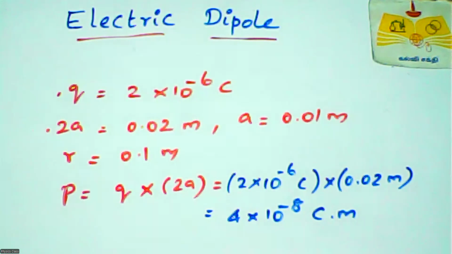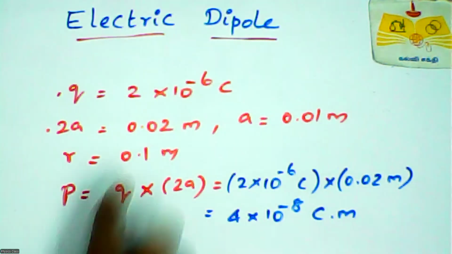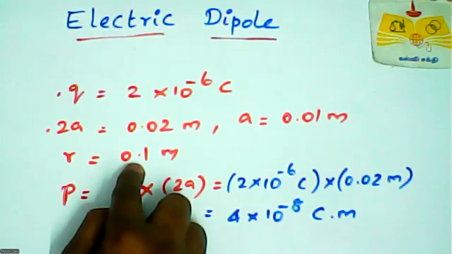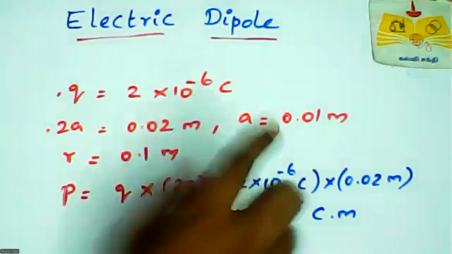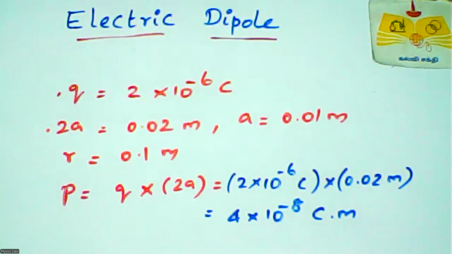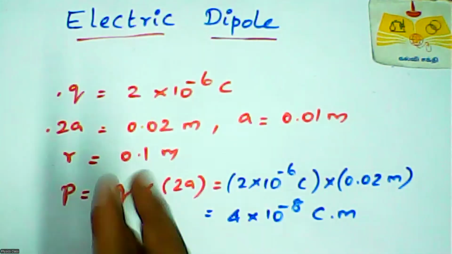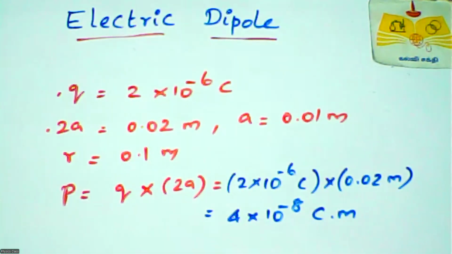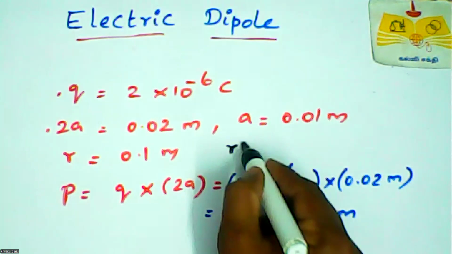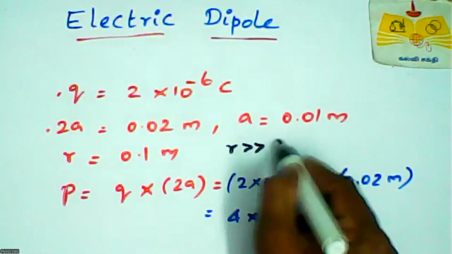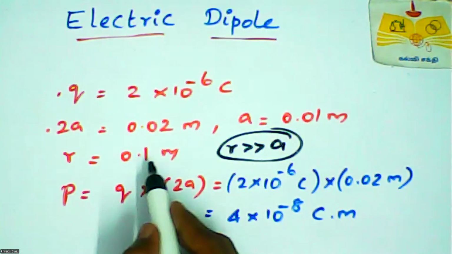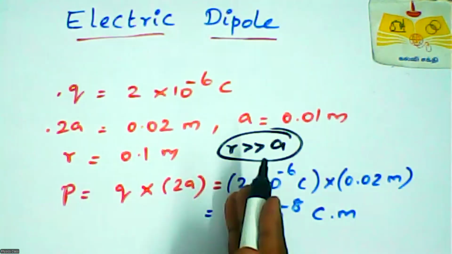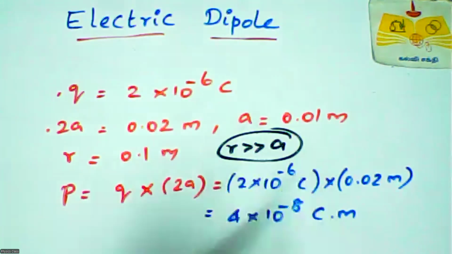Here you can see R is 0.1 meter, but A is 0.01 meter. So R is much greater than A, because 0.1 meter is very much greater than 0.01 meter.